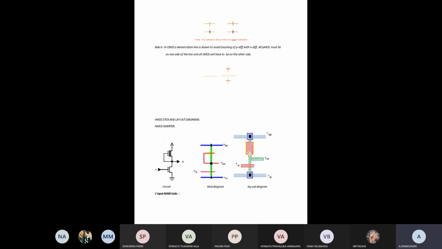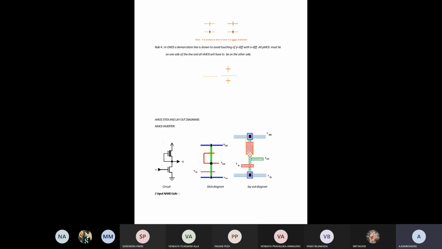All of you practice these colors. Whenever we practice and remember these colors, we can easily draw a stick and layout diagram for any type of design.